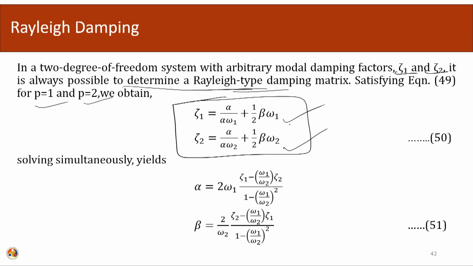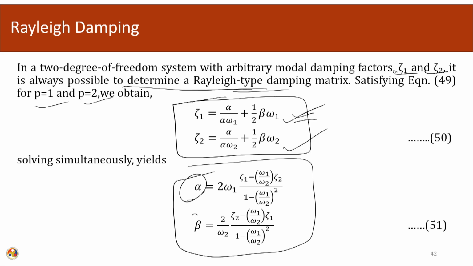Using these two equations we solve them simultaneously, and we can calculate the values of alpha and beta as a function of omega and zeta. If we have the factors zeta 1 and zeta 2, we can represent the whole system as a linear combination of the mass and stiffness matrix, and we can evaluate the linear coefficients alpha and beta, and these are the solutions for alpha and beta.